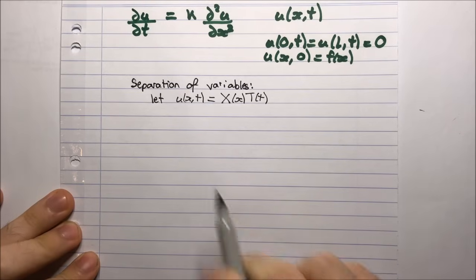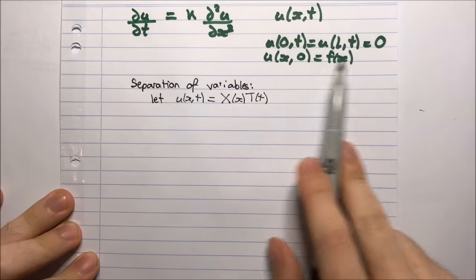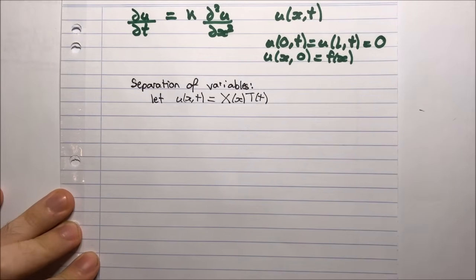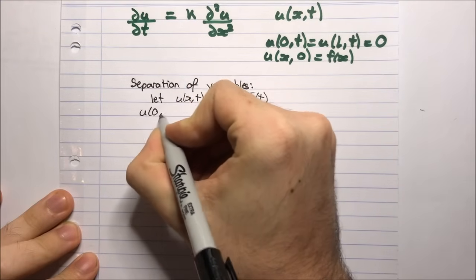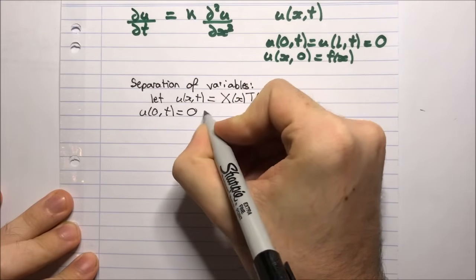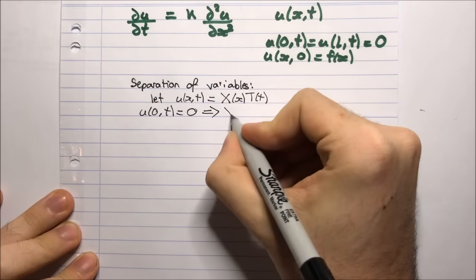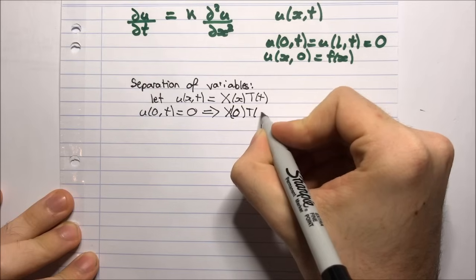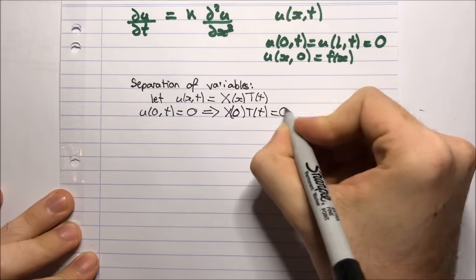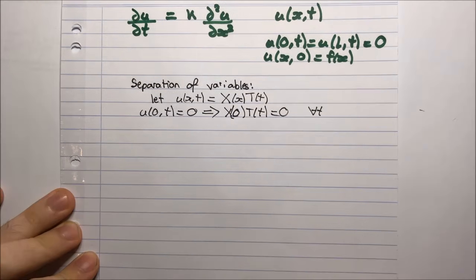Okay, so before I substitute in, let's deal with our boundary conditions and our initial condition. So u of 0, t equals 0. So that means that X of 0 times T of t equals 0. But this holds for all t.